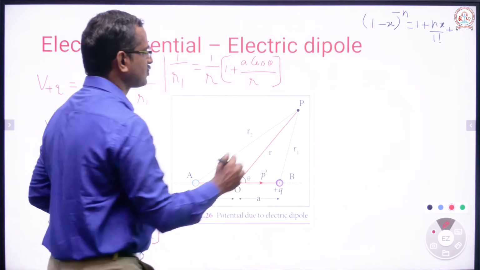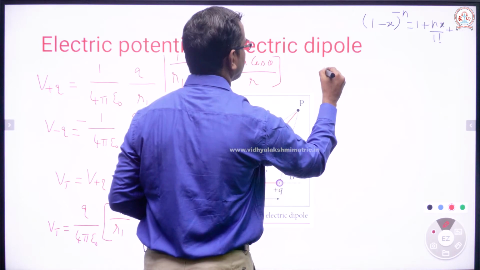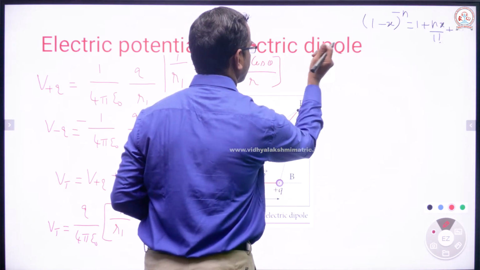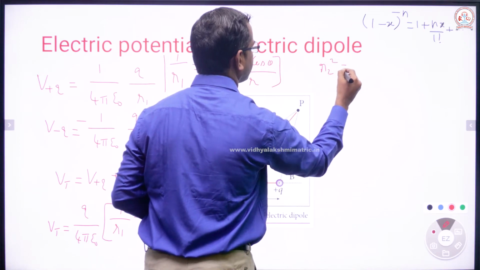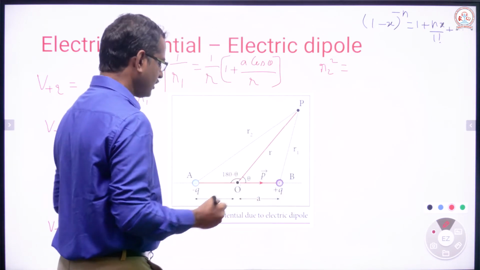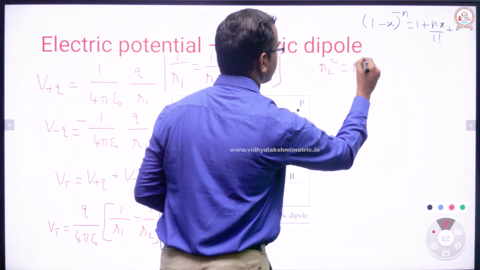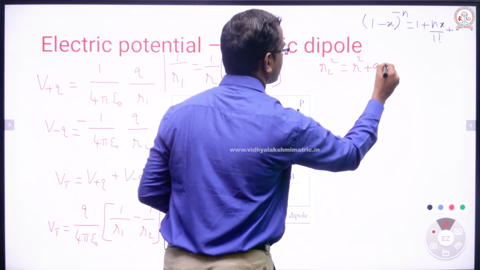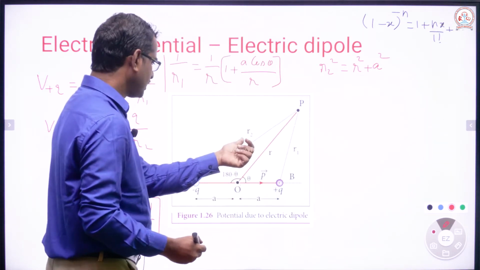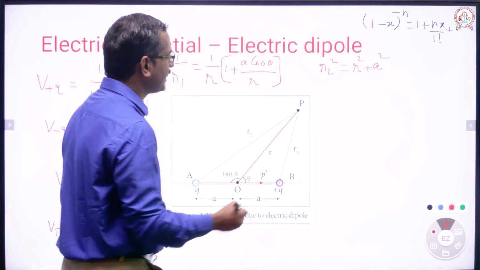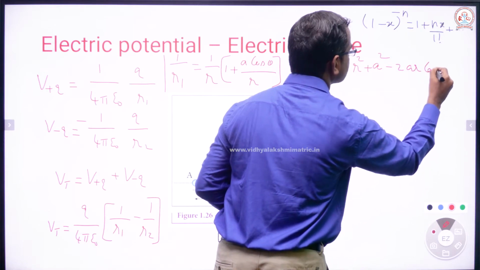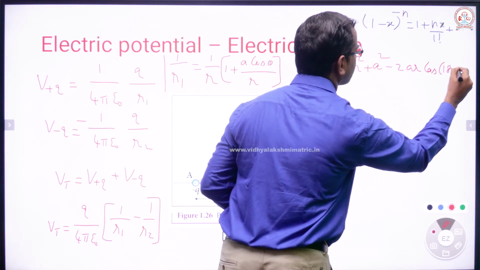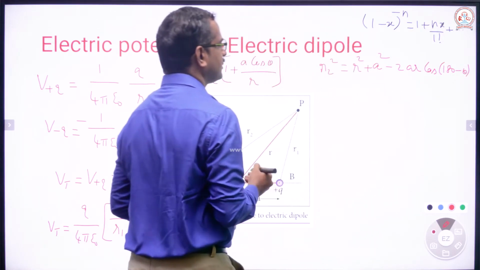Then, applying cosine's law, r2 square is equal to r square plus a square minus 2ar cos(180 minus theta).